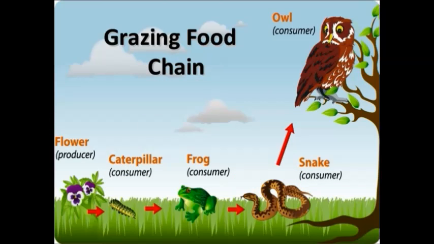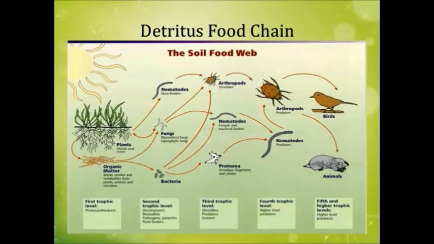For the grazing food chain, the source of energy is living plant biomass, and the energy flow in this food chain is unidirectional. For the detrital food chain, the source of energy is dead organic matter, and unlike the grazing food chain, the energy flow in the detrital food chain is not unidirectional.